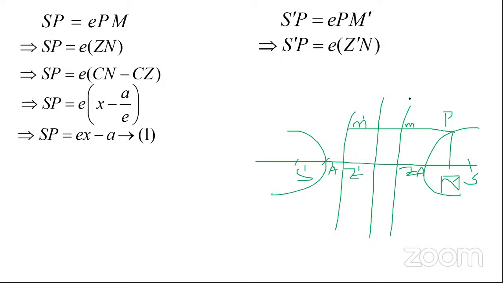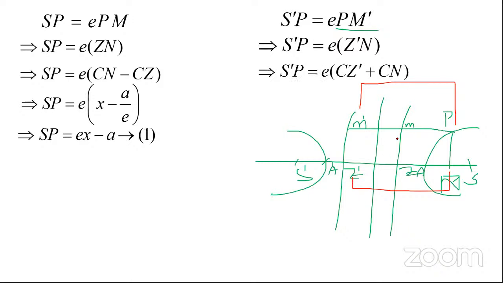So from this figure, PM' equal to eZ'N. Next, that Z'N can be written, this value is C, so CZ' plus CN.